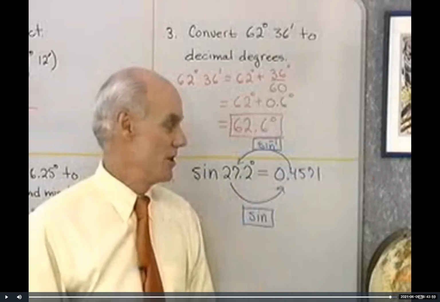So press degree first and then type in sine 27.2 degrees to get the value 0.457. If you let your calculator or your smartphone be in radian mode, you get different values. So to get the correct value for degrees, you need to press degree first.